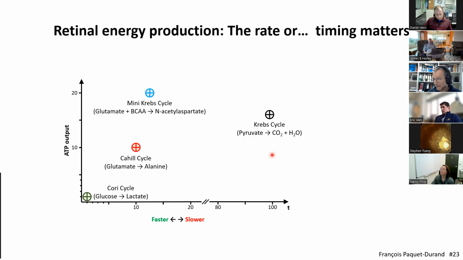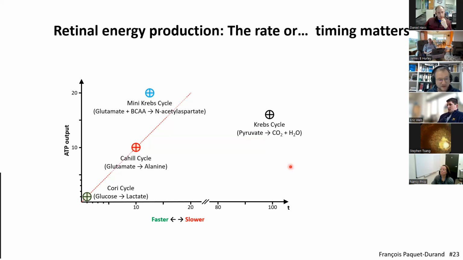So that's it for the timing of energy output. And this ordinate here shows what would deliver the same amount of ATP per time as glucose, and what would be better and what would be worse.